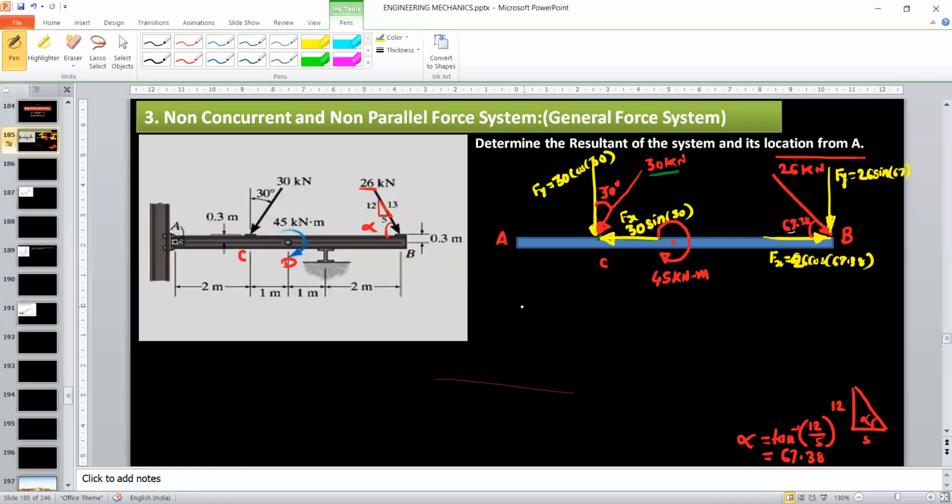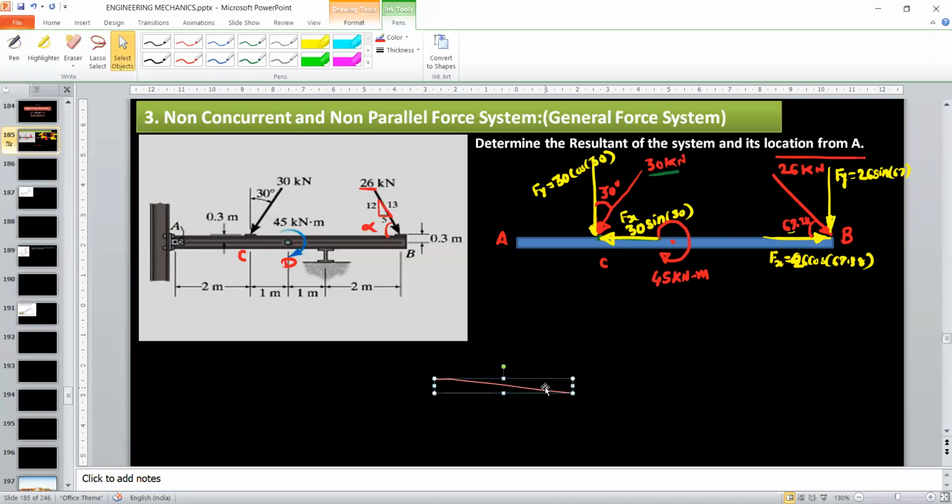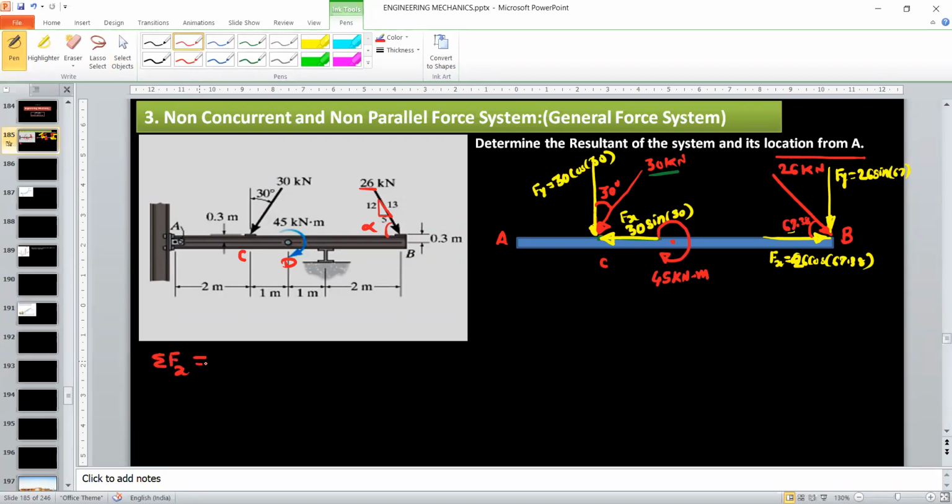Next we have to write summation Fx and summation Fy. For summation Fx, this is the x component 30 sine 30 and the direction is negative x direction, so this is minus 30 sine 30.